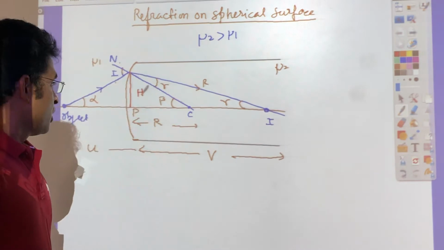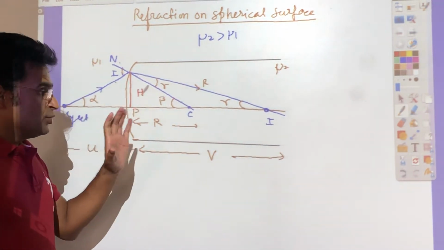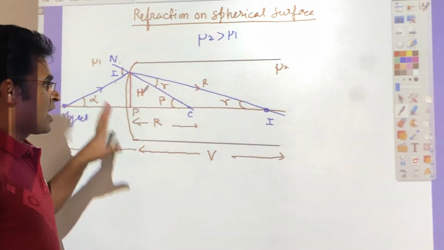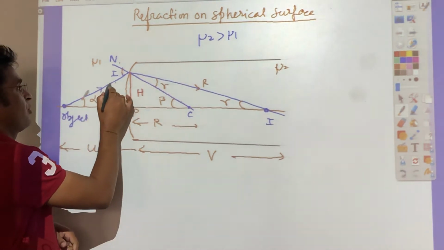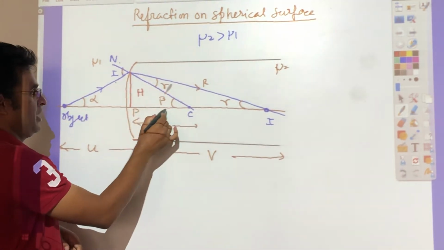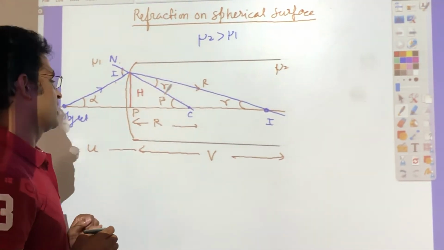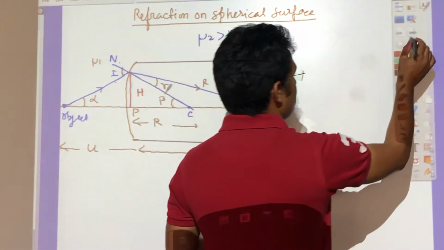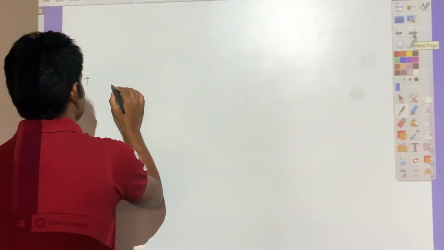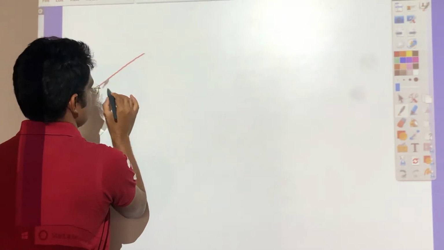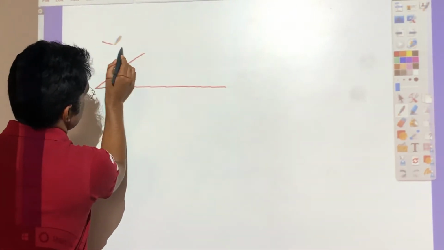Now, if we use the exterior angle property for this triangle, I am talking about this triangle. I'll make a separate diagram for that triangle, so it will be more clear. You can see the separate diagram over here.